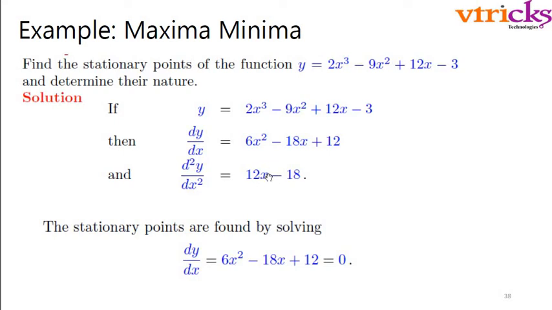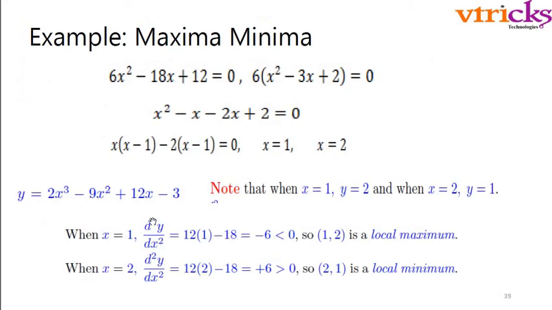You put that value here. So we put x equal to 2 here. There is no y, so we'll just put x equal to 2. We'll get 24 minus 18. So that is 6. So d2y by dx square when x is equal to 2 is 12 into 2 minus 18. We get it as 6.